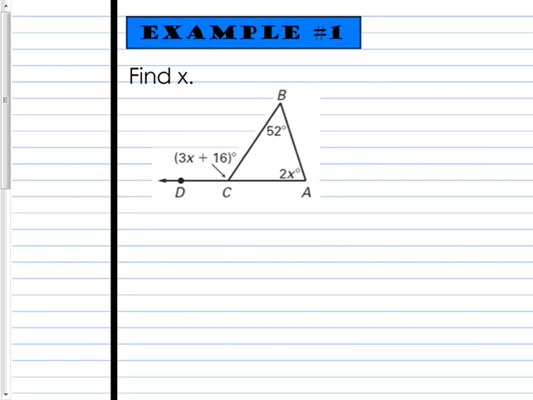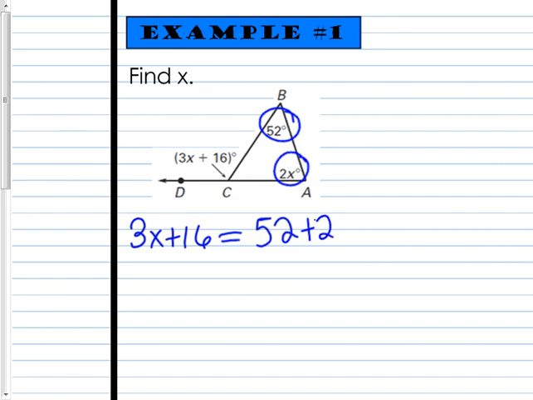Example 1, let's find x. So the exterior angle is 3x plus 16. And we know from the theorem that we just read that it's equal to the sum of the two remote interior angles. So we're going to add 52 and x together. So it's equal to the sum of 52 plus 2x. Let's combine like terms.